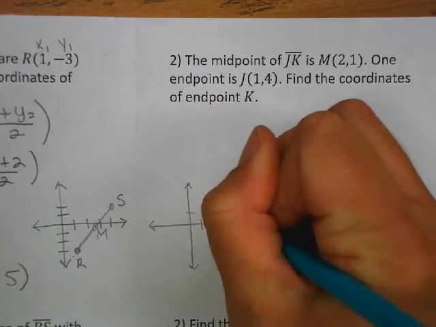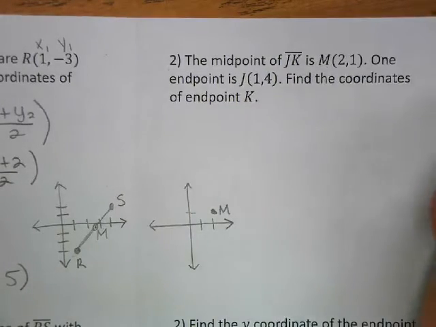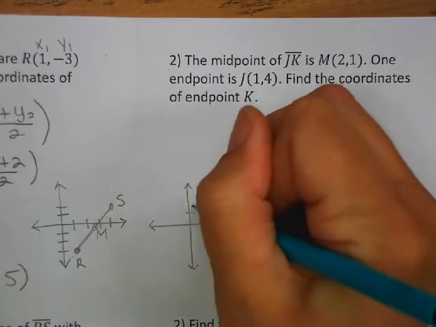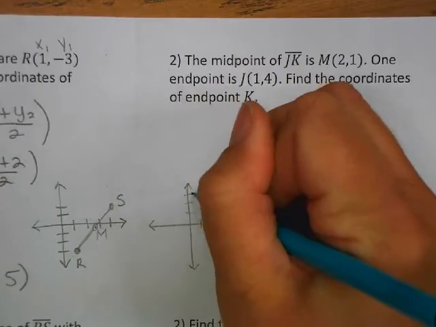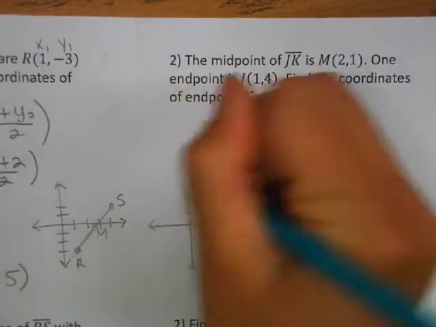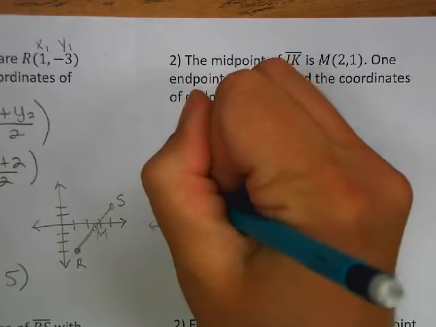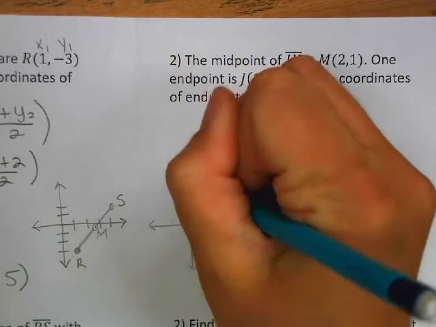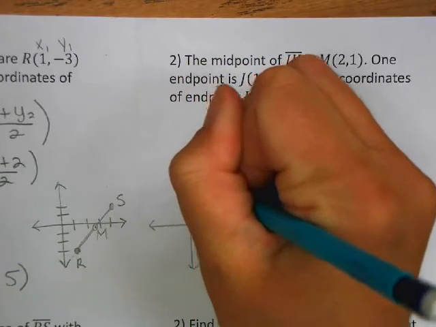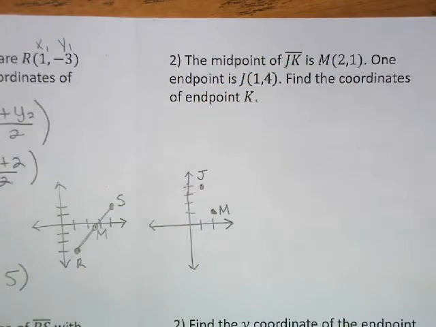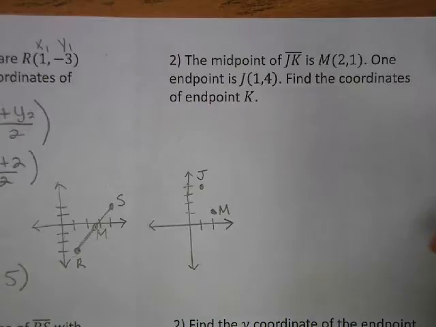So here's point M. Point J is 1, 4. Over 1 and then up 4. So here's J. So we're looking for the other endpoint.